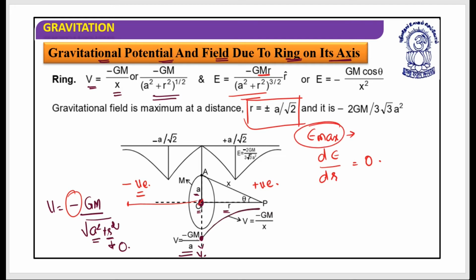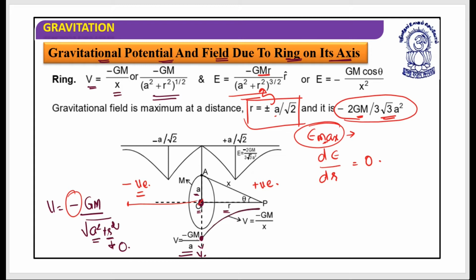If in this relation I put the value of r, the gravitational field equals minus 2 G m divided by 3 root 3 a square. Please remember this, it is a very important relation. This is the E max.